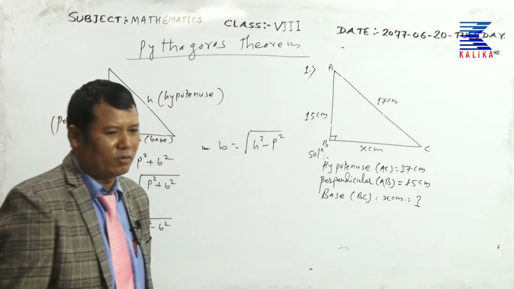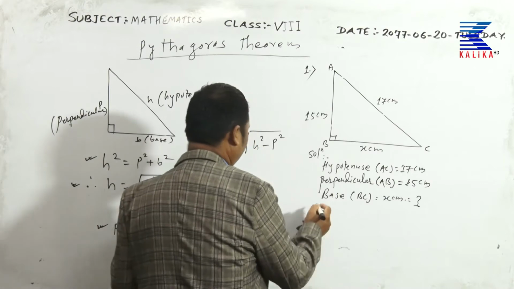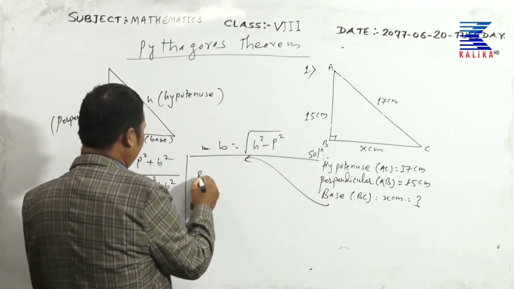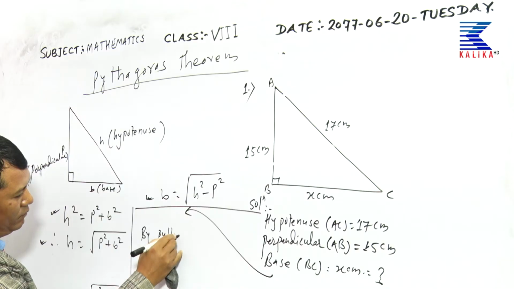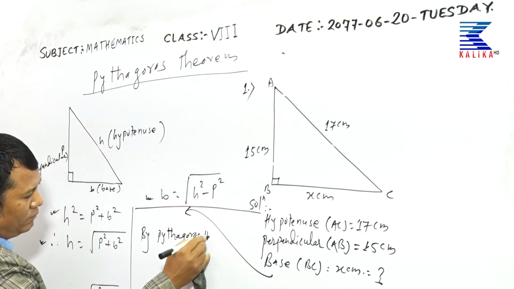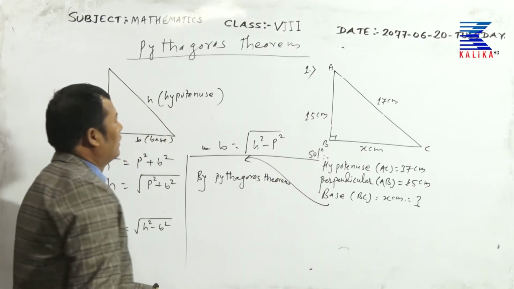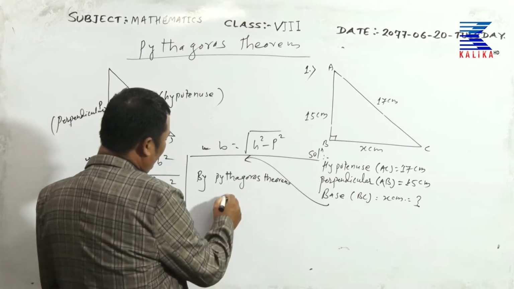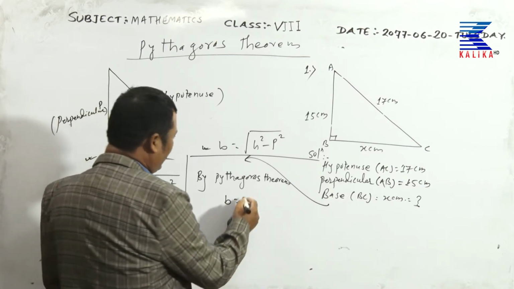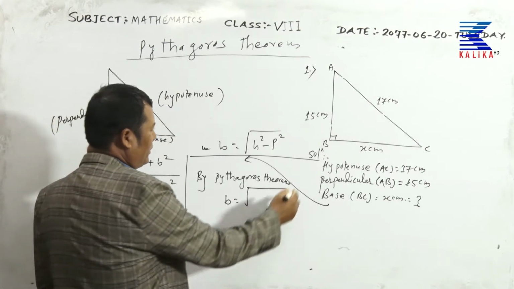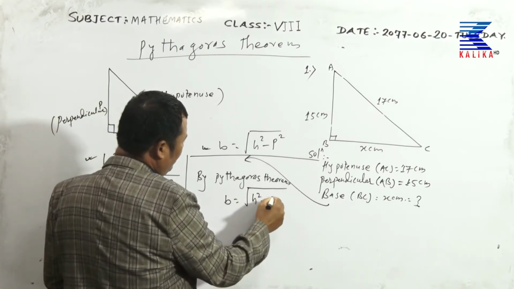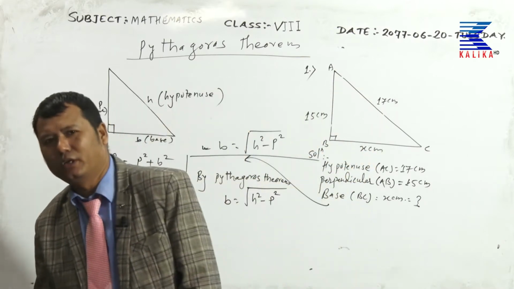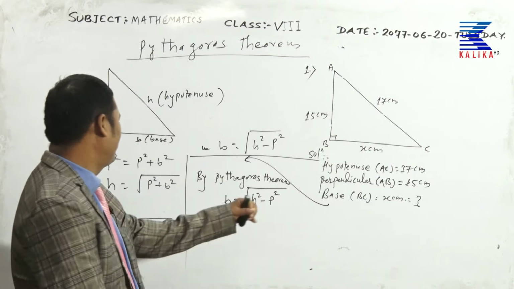By Pythagoras theorem, base BC is equal to under root h square minus p square.